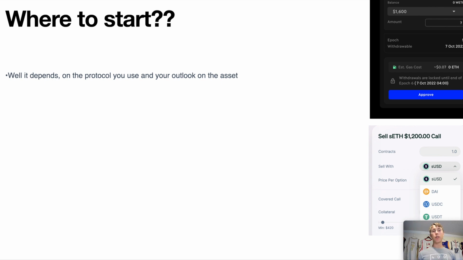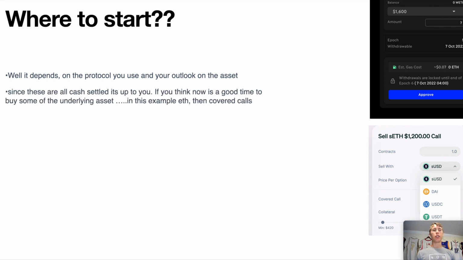So where do you start? Well, it depends on the protocol you use and your outlook on the asset. Since these are cash settled, if you think now is a good time to buy some of the underlying asset, in this example you want to use ETH and preferably covered calls with a price that you don't think it's going to even hit.